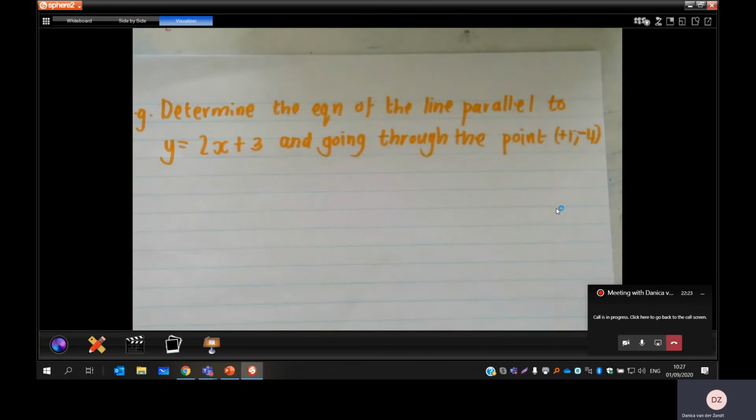So determine the equation of the line parallel to y equals 2x plus 3 and going through the points positive 1 and minus 4.